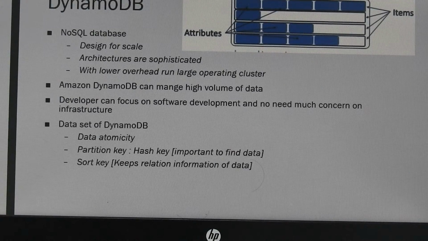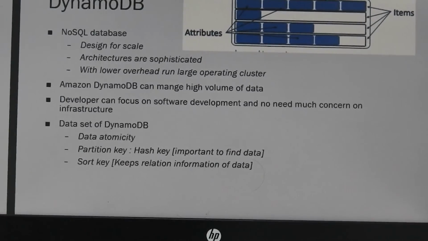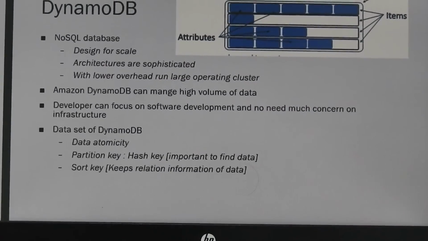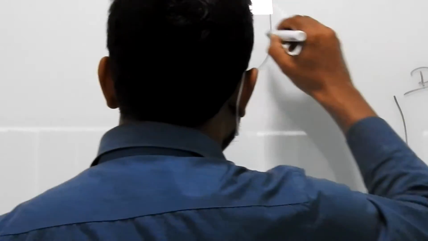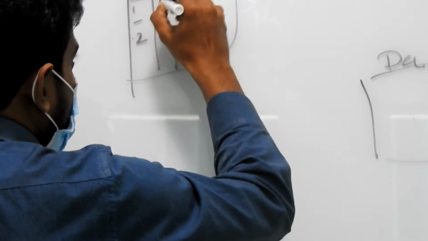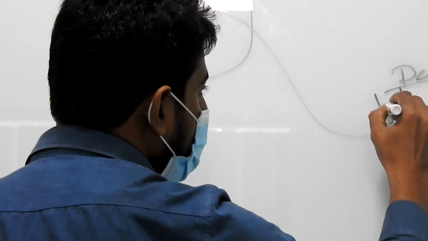In this employee table, you are maintaining EMP ID 1, 2, 3 like this. When you are making a relationship between employee and department, a department column should be there, and this key should be matched with the department key.